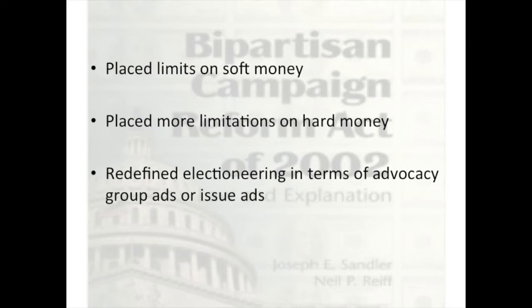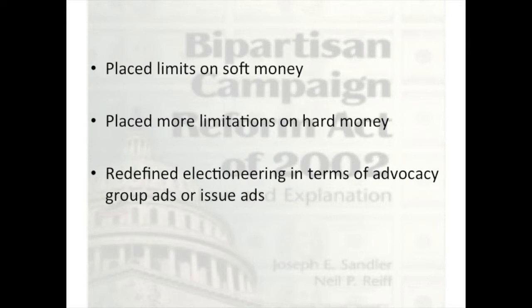For example, an organization may be using soft money to support a particular policy, but if a particular candidate is associated with that policy, then arguably the ad is indirectly in support of a candidate. So you can kind of see their point of view. Soft money, though, was the way that politicians and political organizations got away with spending money that wasn't subject to campaign finance laws until BCRA.